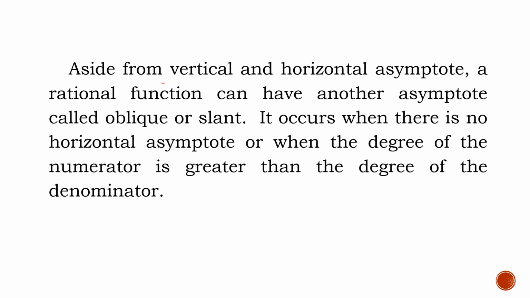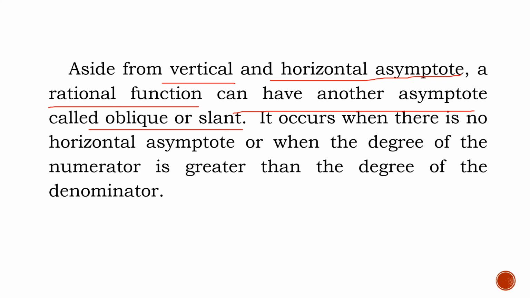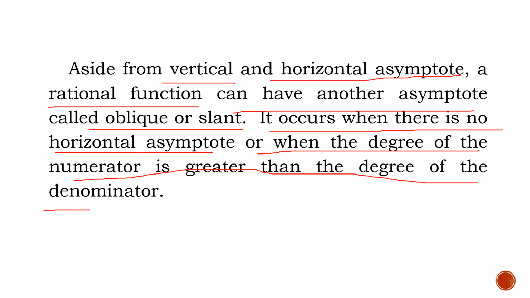Aside from the vertical and horizontal asymptotes, a rational function can have another asymptote called the oblique or slant asymptote. It occurs when there is no horizontal asymptote, or when the degree of the numerator is greater than the degree of the denominator. So if n is greater than d, then there is an oblique or slant asymptote.